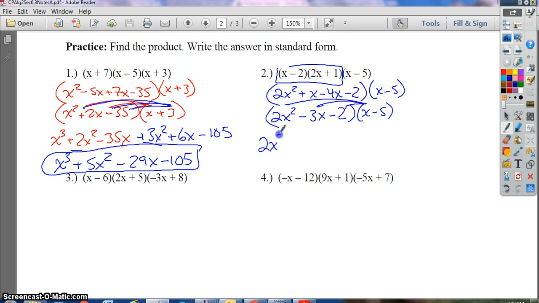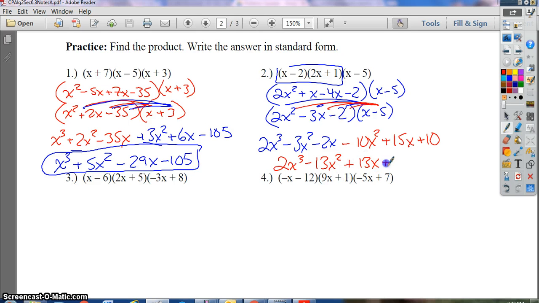So 2x to the third minus 3x squared minus 2x. I'm going to now multiply my negative 5 into all three of these. So we have minus 10x squared plus 15x plus 8. All right, final deal. X cubed stands alone again. Got 13x squared plus another positive 13x plus 10.